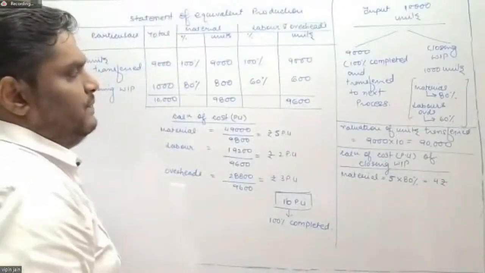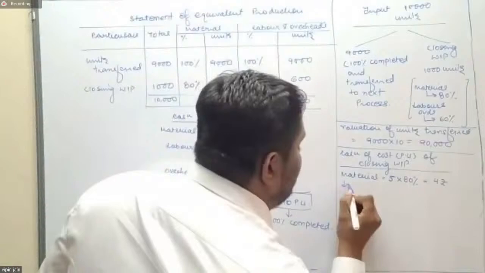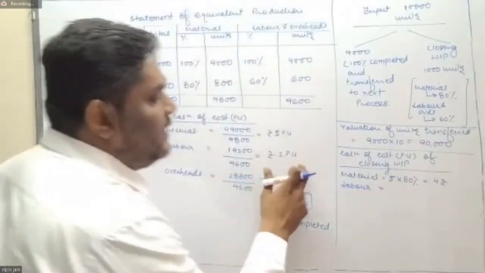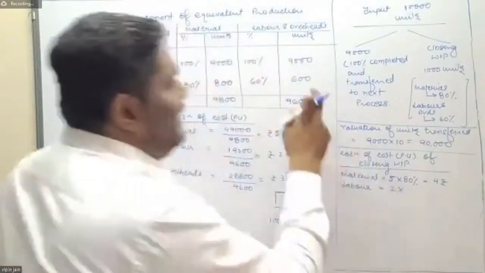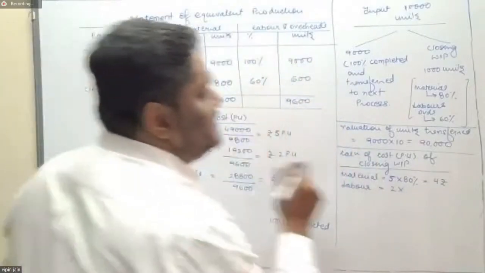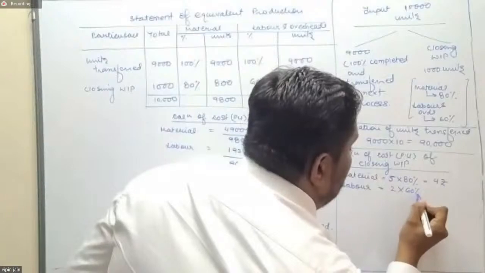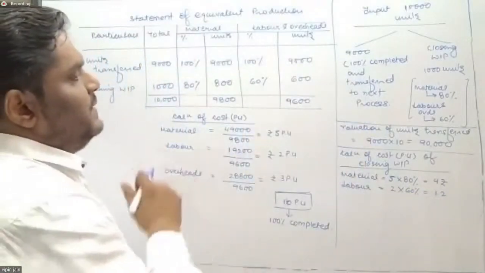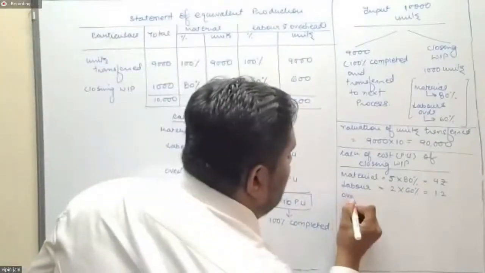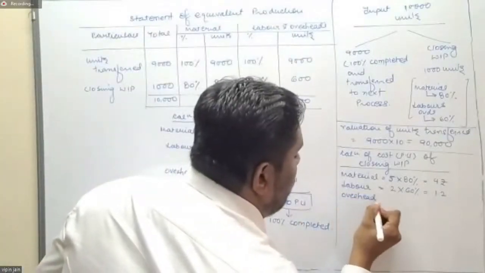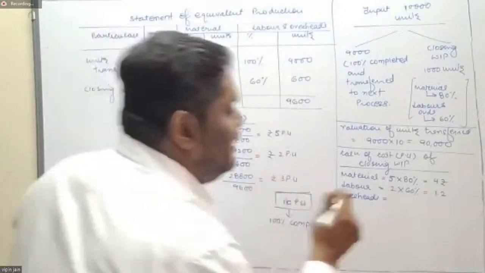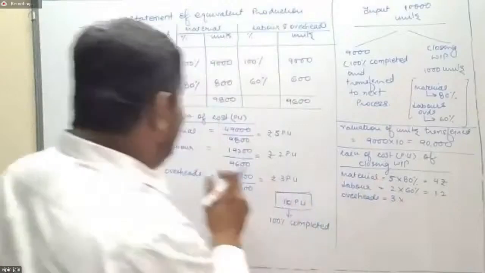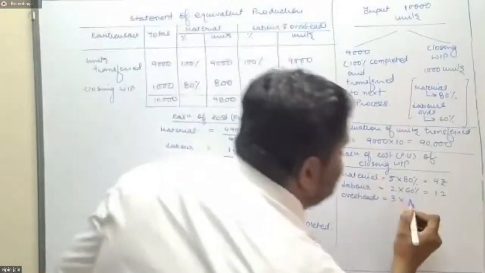that is rupees 4. Similarly, in case of labor, the labor for 100% completion is rupees 2 per unit, and since labor is completed up to 60% in case of closing work in progress, so this will be 1.2. Similarly, in case of overheads, the cost for 100% completed units is 3, into 60%.